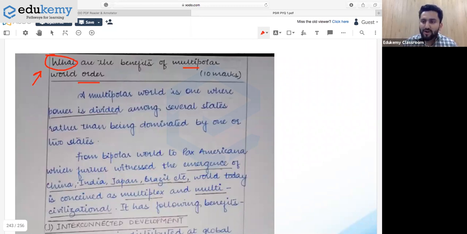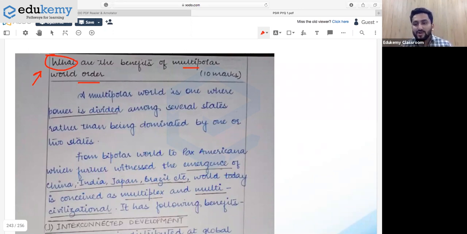Just list down those points which you know about, benefits of multipolar world. आपको क्या लगता है क्या benefits हैं? And how you are going to use this. Keeping in mind, we need to have structure, brevity in our language, analysis and depth. It means use of some scholars, some perspectives, and then presentation. These are the 4 pillars which you should keep in mind.